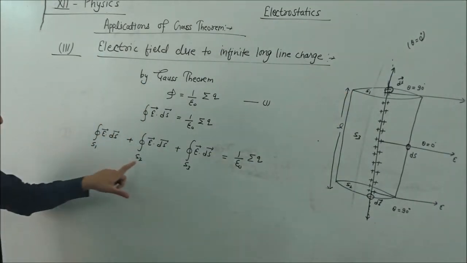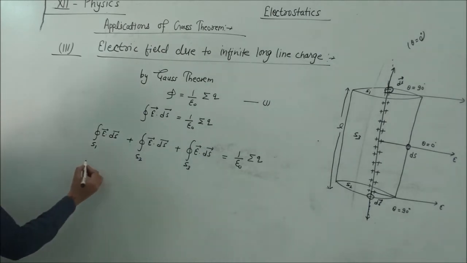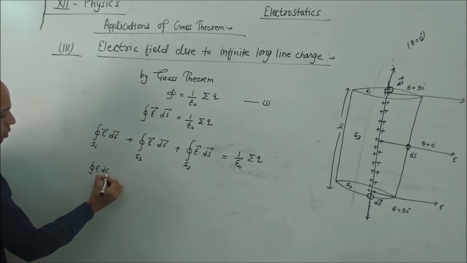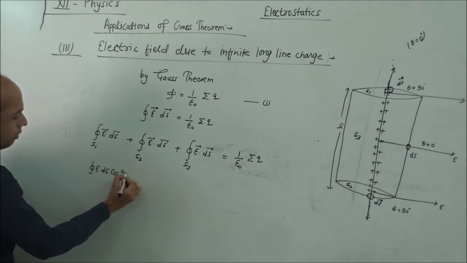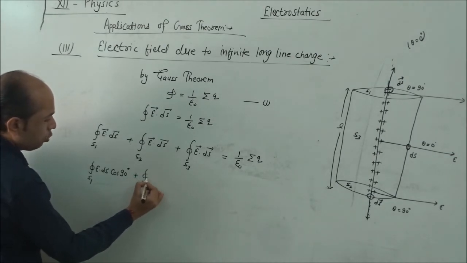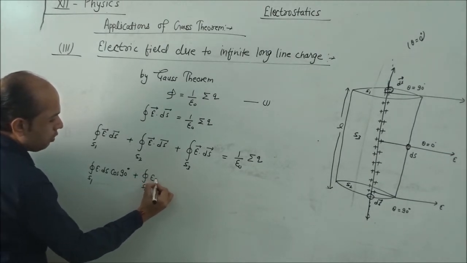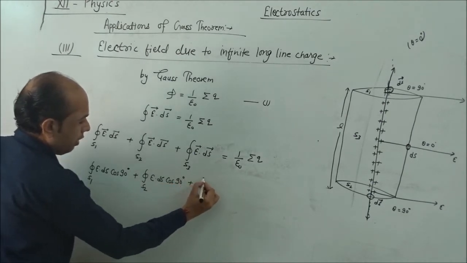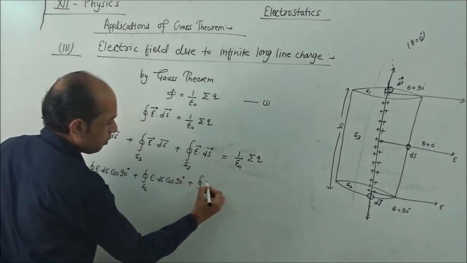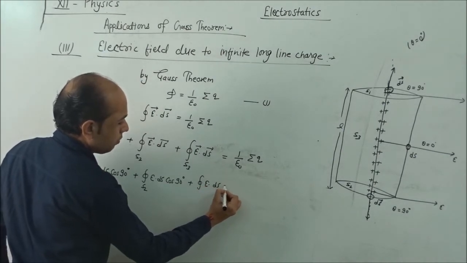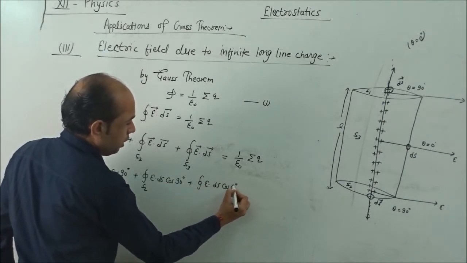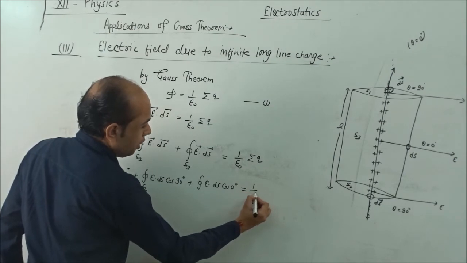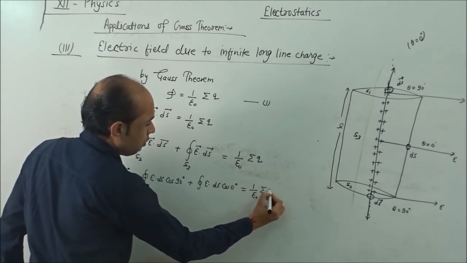So for the S1 and S2 surfaces the angle is 90 degrees. So integration of E dot ds cos 90 degrees for the S1 surface. Similarly for the S2 surface, E dot ds cos 90 degrees, and for the last S3 surface, E dot ds cos 0 degrees, and this equals 1 upon epsilon naught times summation of q.